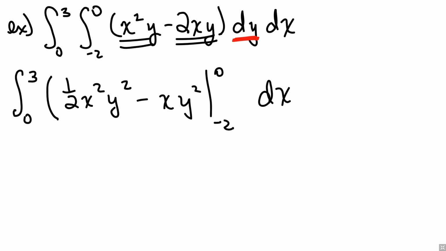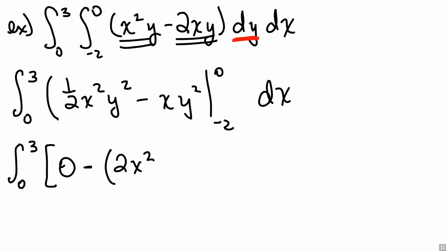Okay, so now we're going to have the integral from 0 to 3. If we evaluate this at 0, we're going to get 0. Minus, if we evaluate it at -2, we're going to end up with 2x squared minus 4x dx.